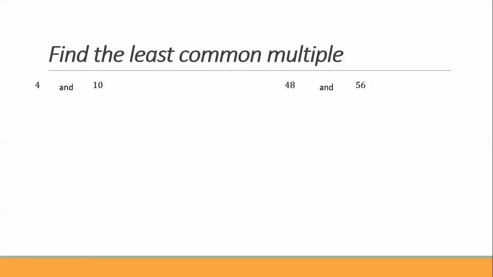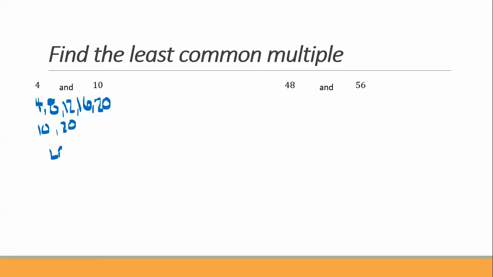So let's find the least common multiple of 4 and 10. What you could do is start listing multiples of 4: 4, 8, 12, 16, and 20. And say, oh yes, I think that's right, because 10, 20. So 20 is a multiple of 4, and it's also a multiple of 10.